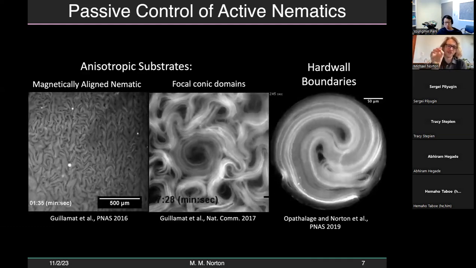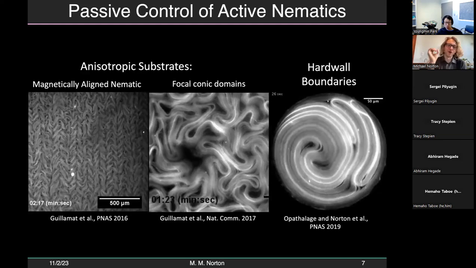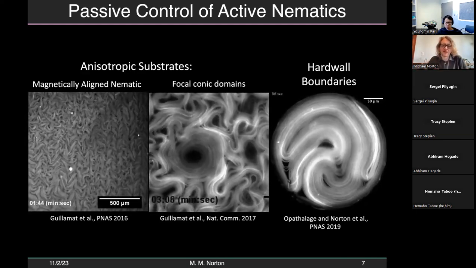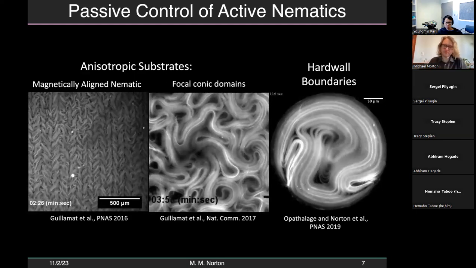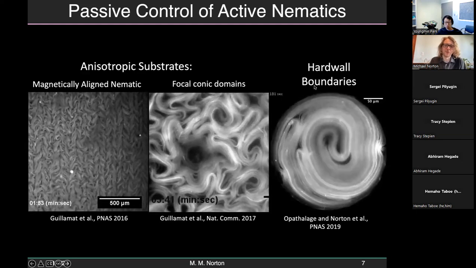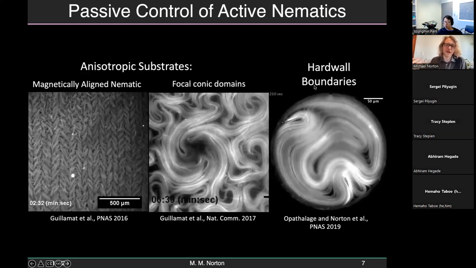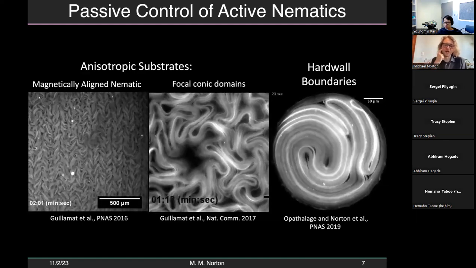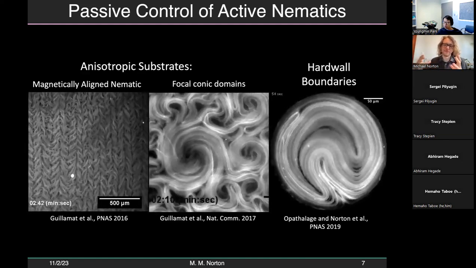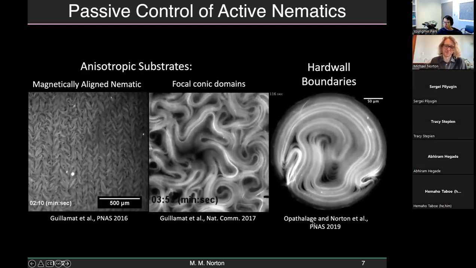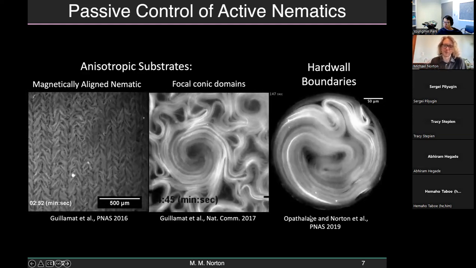Now you see all these vortices that appear, and all those vortex sizes correspond to the underlying liquid crystalline order. And then perhaps more straightforwardly, you can also just put this active nematic into a little microfluidic well to confine it hydrodynamically. That's what's happening here on the right, and we explored this in a somewhat recent paper.